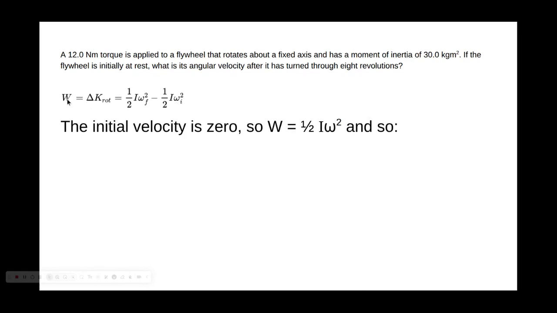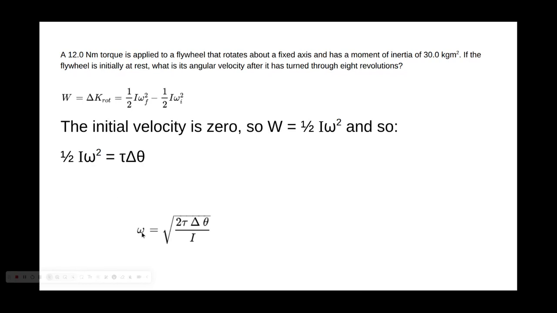And so what we can say here is work equals 1/2 moment of inertia times the final angular velocity squared. And so if we take this and set it equal to our tau delta theta, our original formula that we are using, and then isolate this omega, now I think we're going to get somewhere.